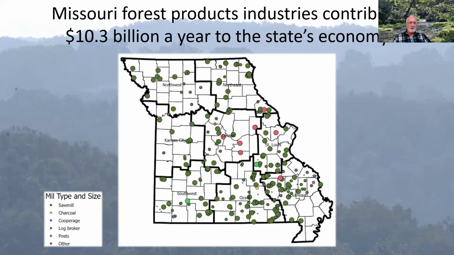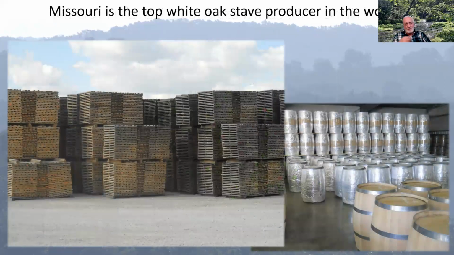In particular, when we look at white oaks, Missouri is the top white oak stave producer in the world. Now, the cooperages might be all located points east, but again, being the wood basket, it is the top oak stave producer. On any one given day, our largest manufacturer of barrels produces about 10,000 barrels each and every day.